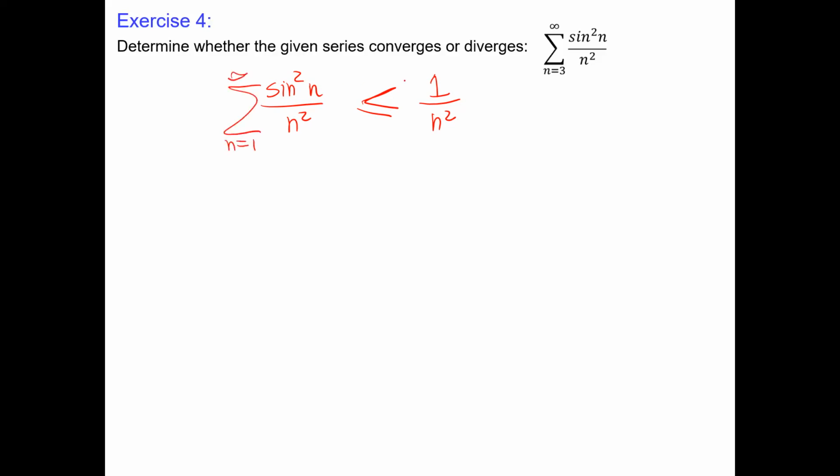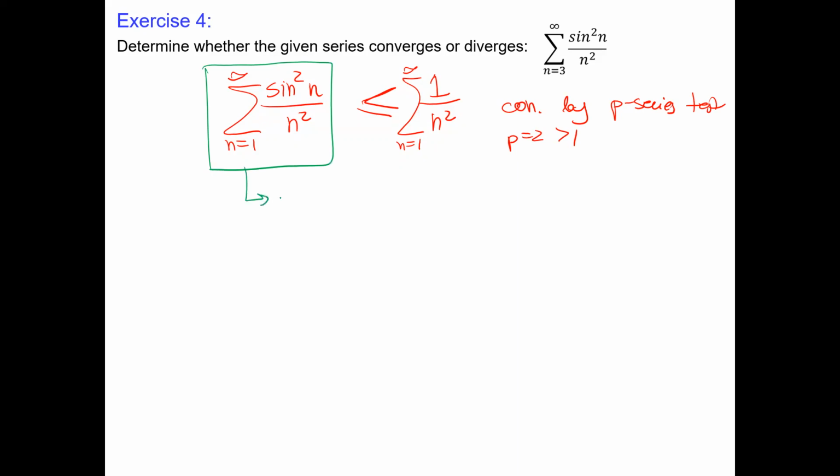This inequality works for the same number of terms added, and this is convergent by P series test. P is 2, greater than 1. Then our infinite series is also convergent by direct comparison test with 1 over n squared with the P series test.